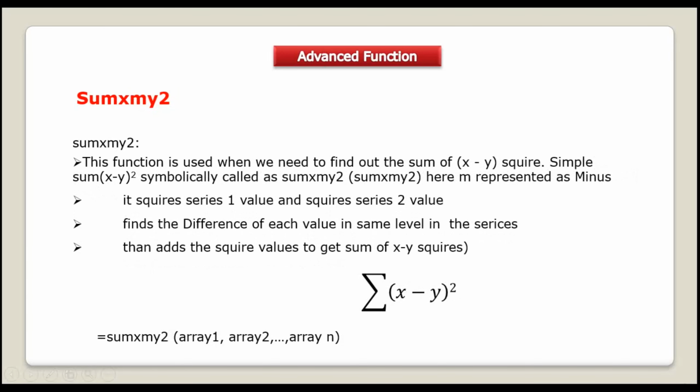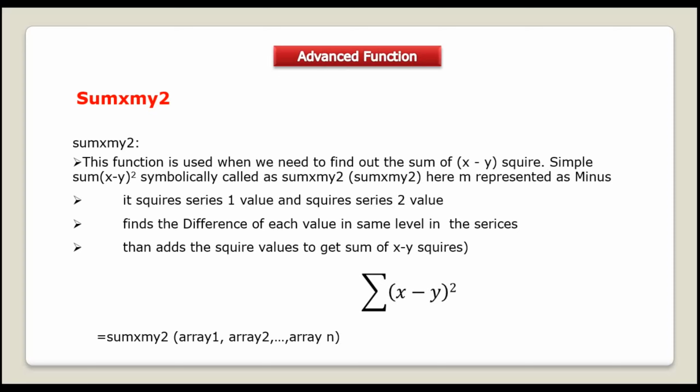And coming to the third one, SUMXMY2. XMY2 is nothing but x minus y whole square. This function is used when you want to find the sum of x minus y squared. It requires series 1 as the x values and series 2 as the y values.